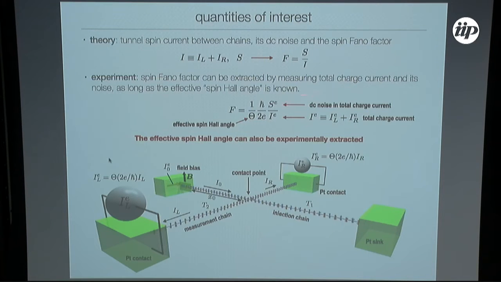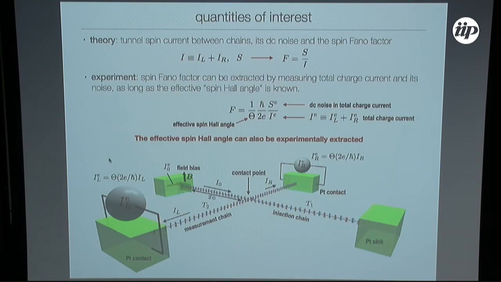However, if you want to link these physically measurable quantities to the Fano factor that we calculate, then an effective spin Hall angle enters, because the spin current impinging on this platinum contact should generate an inverse spin Hall voltage, but there must be some conversion that goes on, which depends on all sorts of microscopic details of this interface and the mechanism for spin-to-charge conversion.